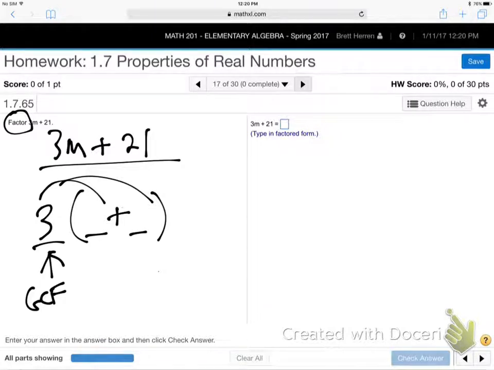What goes into 3 and 21? 3 does. 3 goes into 21 7 times, and 3 goes into itself, obviously. So 3 is the number that goes into both 3 and 21. That's the greatest common factor. We'll write all that down later and get more detailed in a chapter or 2. Anyway, that's how I know the 3 goes outside. And what goes on the inside? Whatever works. 3 times m and 3 times 7. And that's what they want. That good? We happy?